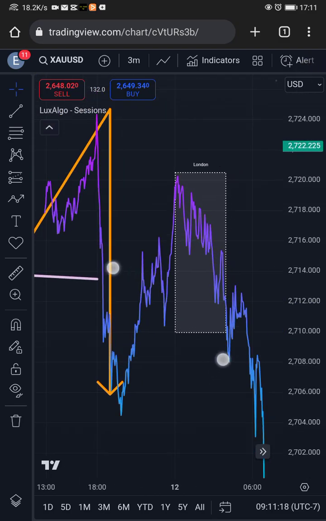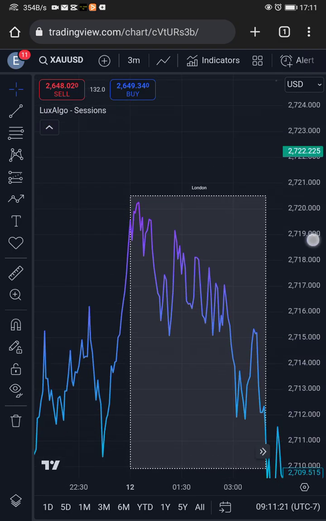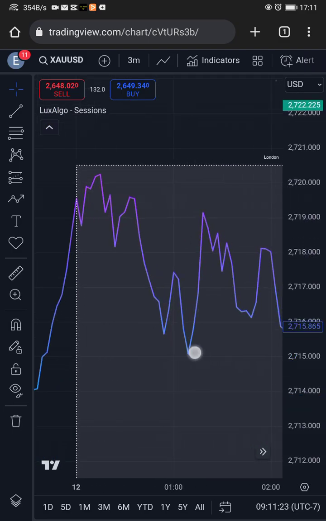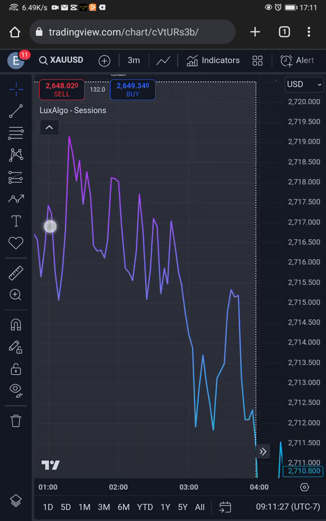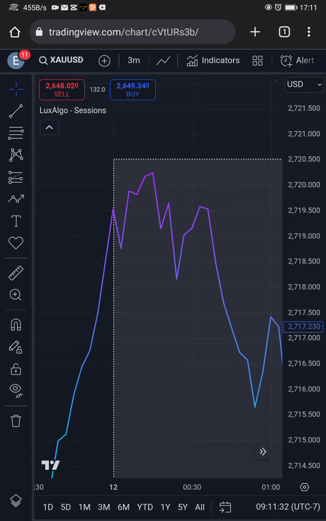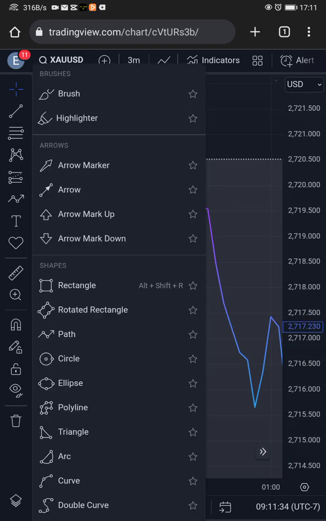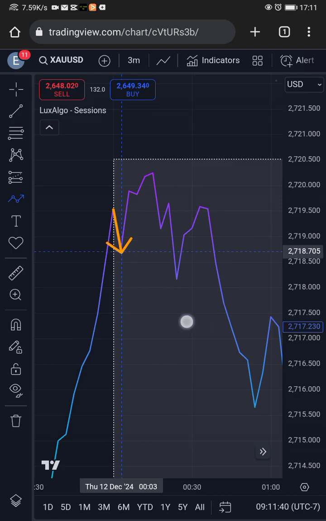Okay, that was the leg we marked, and we've seen that this is our London. Like I said, anything out of this box, we are not doing anything. So this is our London, and you can see that. Let's mark our structure once again. You can see that right here the market was bullish.